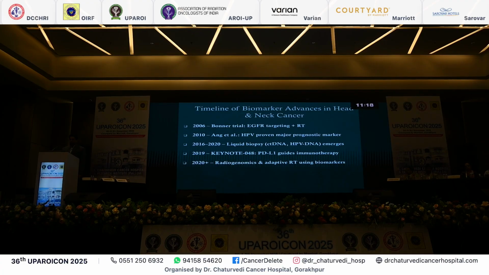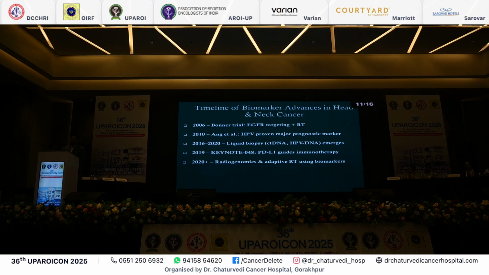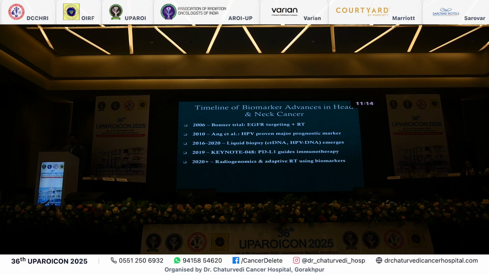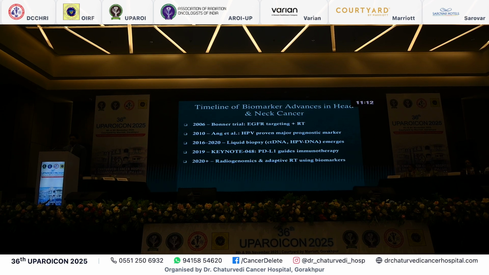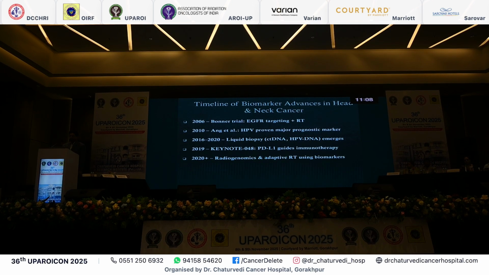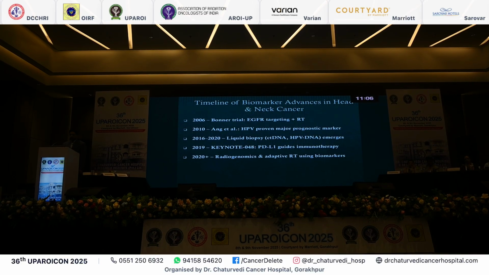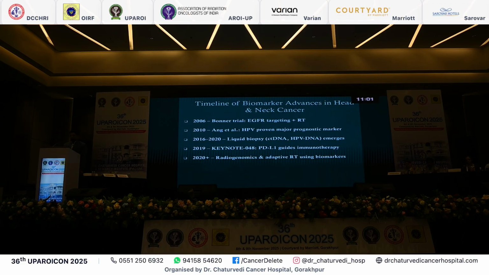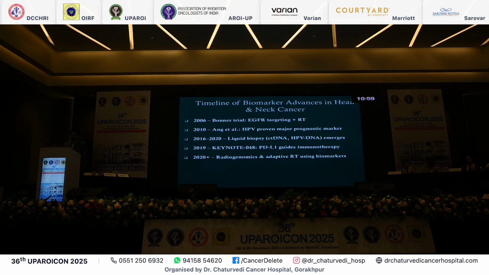Timeline of the biomarker in advanced head and neck cancer. In 2006, the Bonner trial showed the role of EGFR targeting along with radiotherapy, and in 2010, Ang et al. showed HPV as a major prognostic marker.